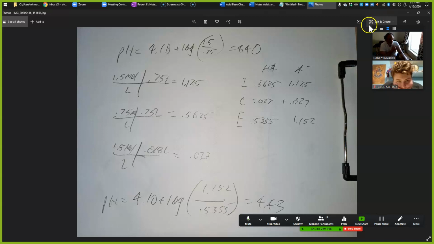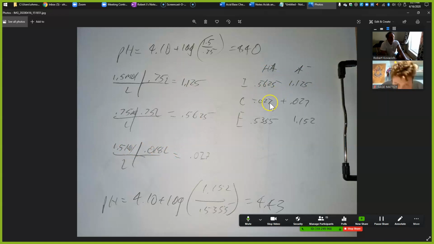Are you guys okay with these numbers here? The 1.125? This is the salt concentration times the volume, and then the acid concentration times the volume, and then the potassium hydroxide concentration times its volume, getting all those numbers, filling in our ICE table, subtracting.